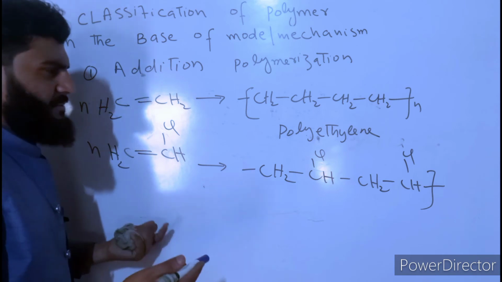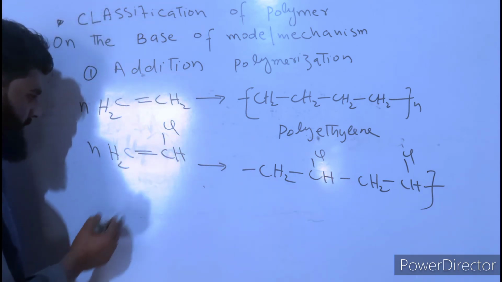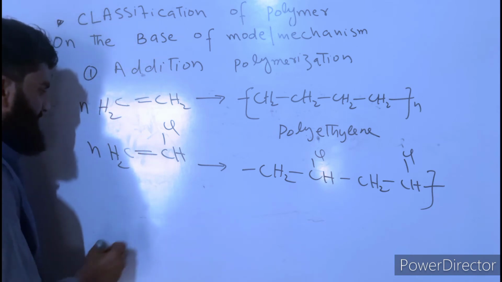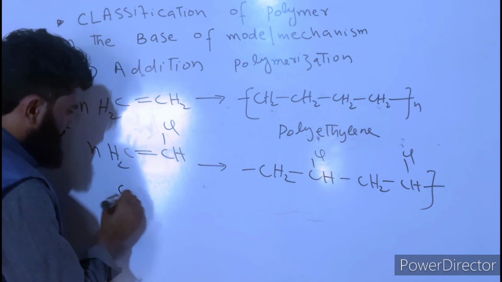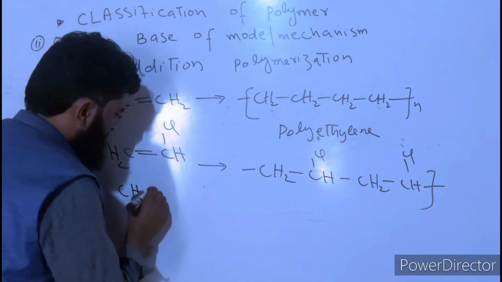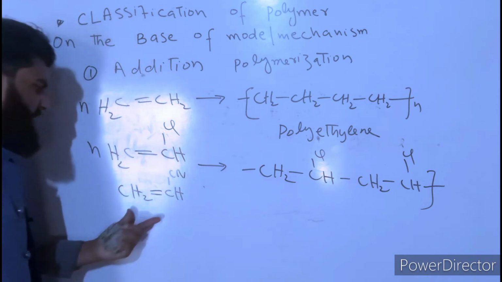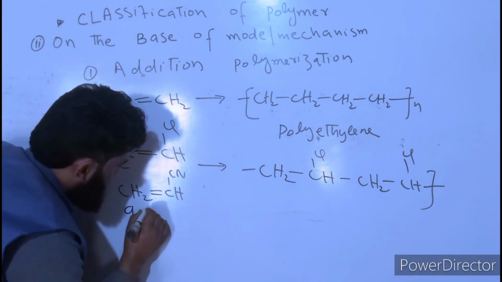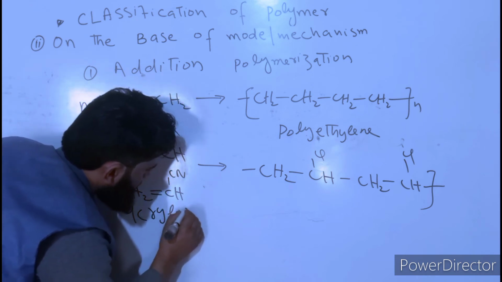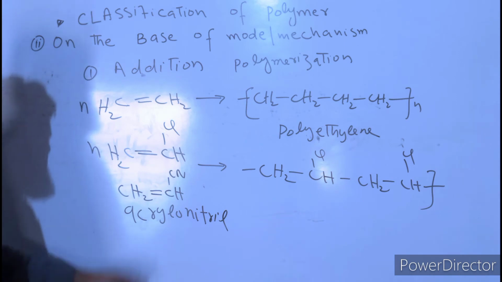So there are more examples of such type of polymers, that is polyacrylonitrile. Suppose this is acrylonitrile. This is acrylonitrile.